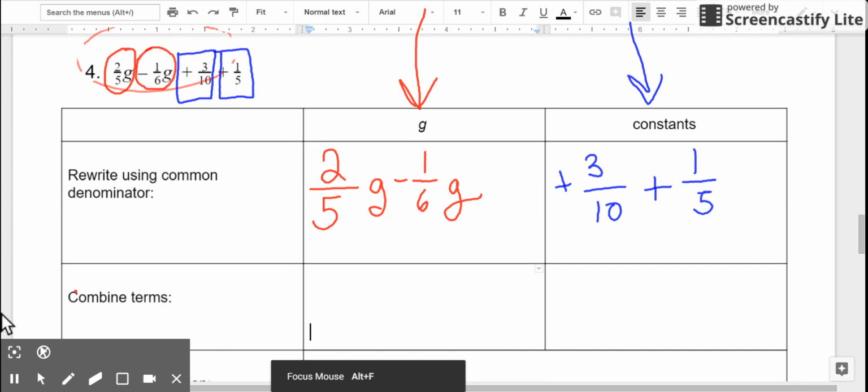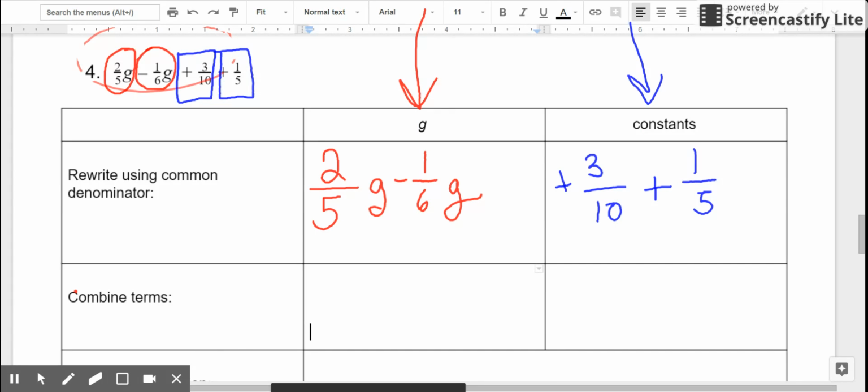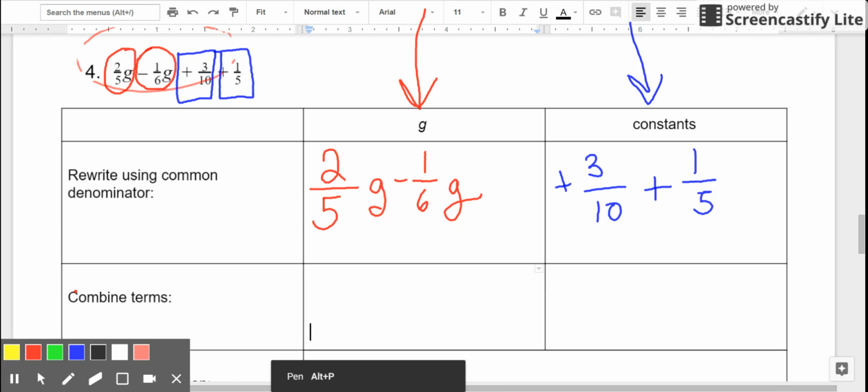The rules for combining terms with fractions are exactly the same as the rules for combining terms without fractions. I can't mix my constants and my variables. I have to keep them separate. So when I combine terms, I'm going to take 2/5 minus 1/6 for my g terms. Feel free to use your calculator for this. You should get for your g term 7/30 g.